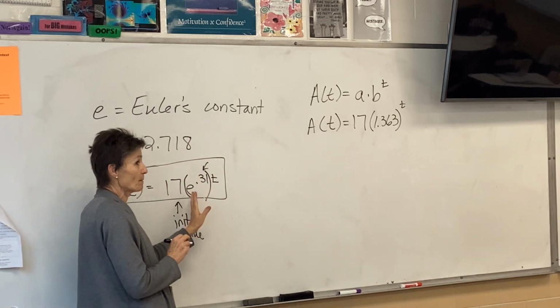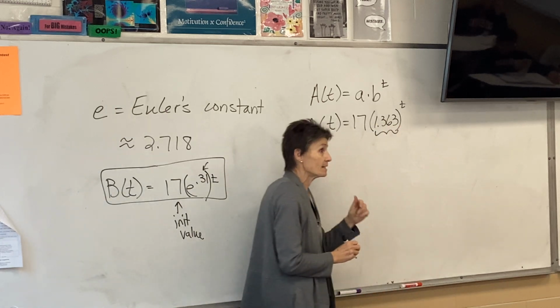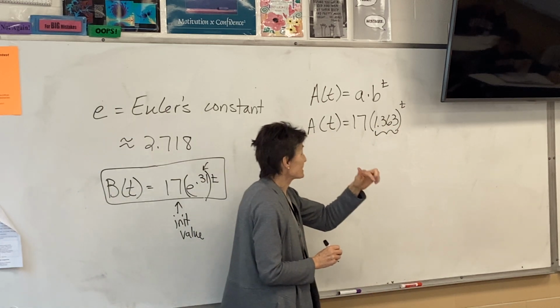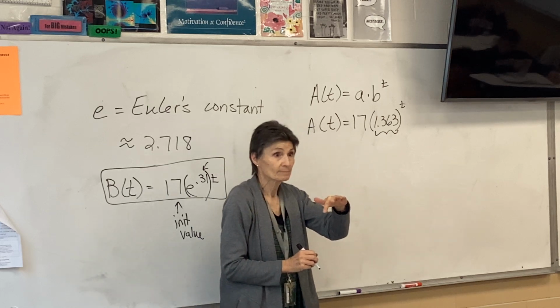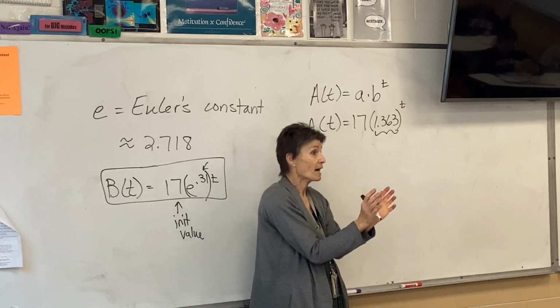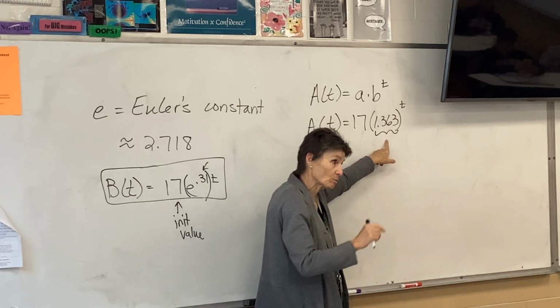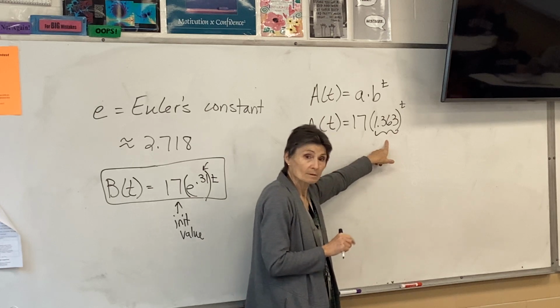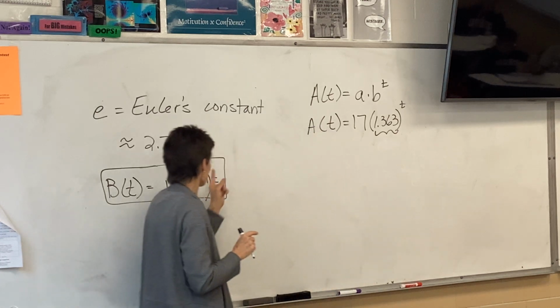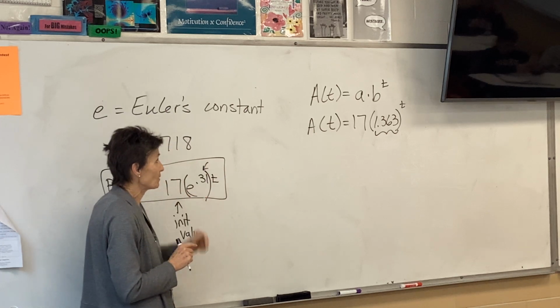This is also exponential, but this tells me that my growth constant is 36.3%. Every minute or hour, whatever the time unit is, this thing is growing by 36.3%. Do you see that? This did not tell me that. I had to calculate this to figure that out.